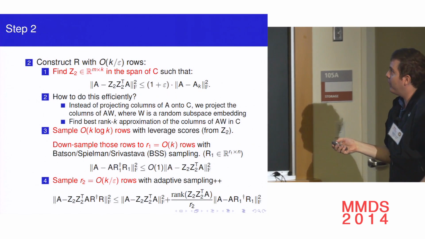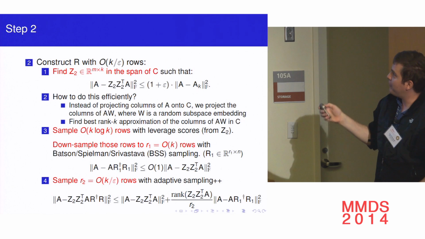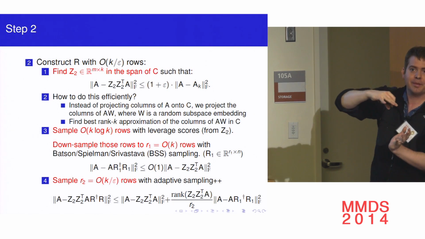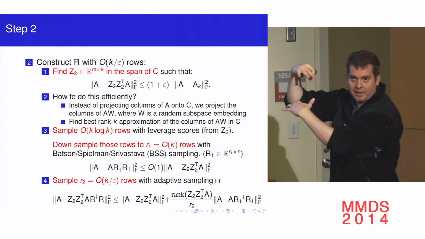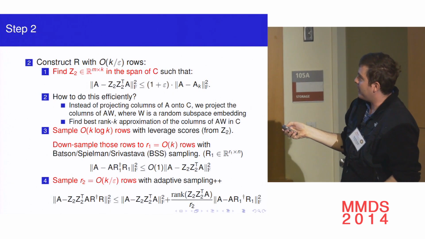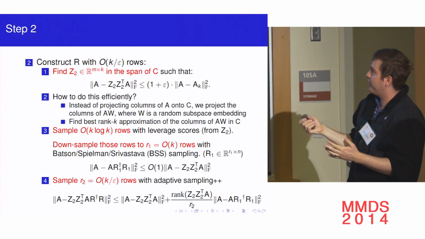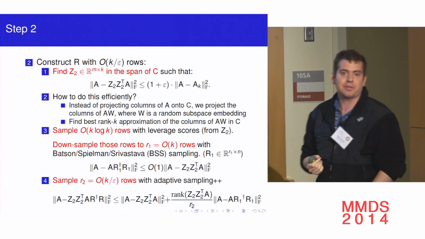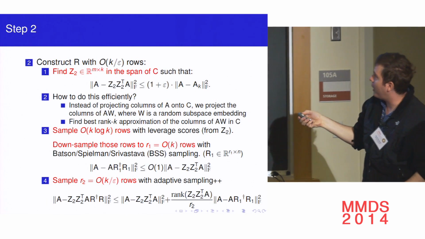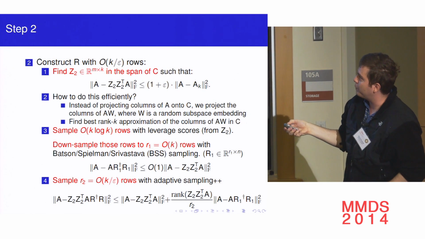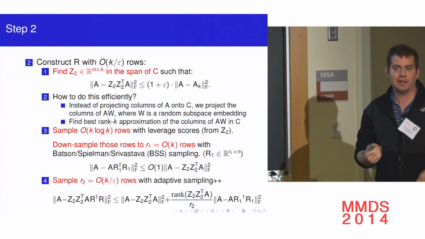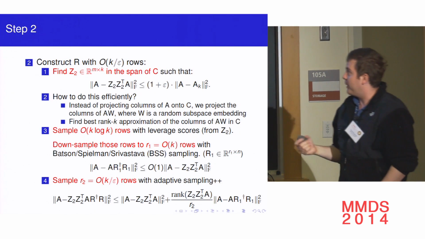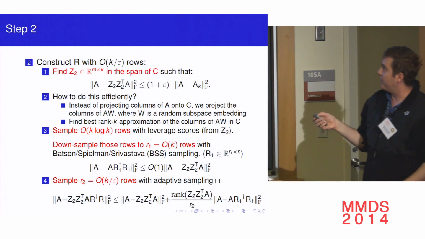And now if I sample rows of A based on this leverage score distribution, I can get k log k rows of A, which give me an error which is not much worse than the error I started off with by using Z2 as my space to project onto. So it's a way of, here was a good column space, and I've translated it into a good row space to project onto by doing this leverage score sampling. And again, using BSS sampling, you can replace this k log k with order k.